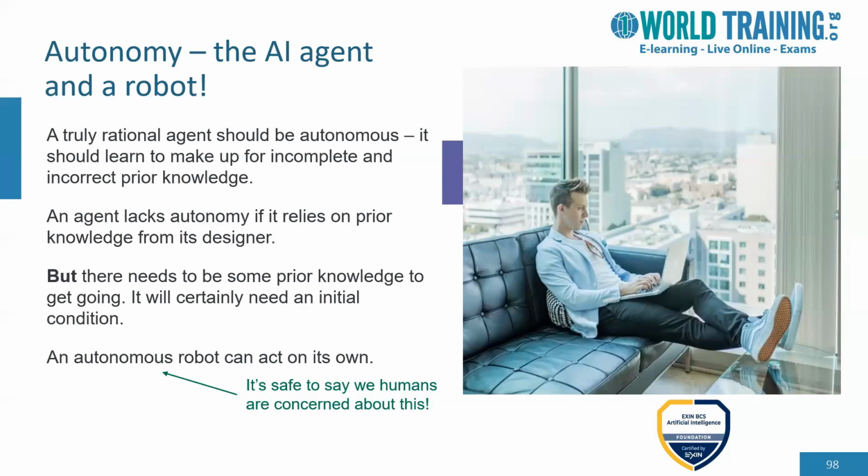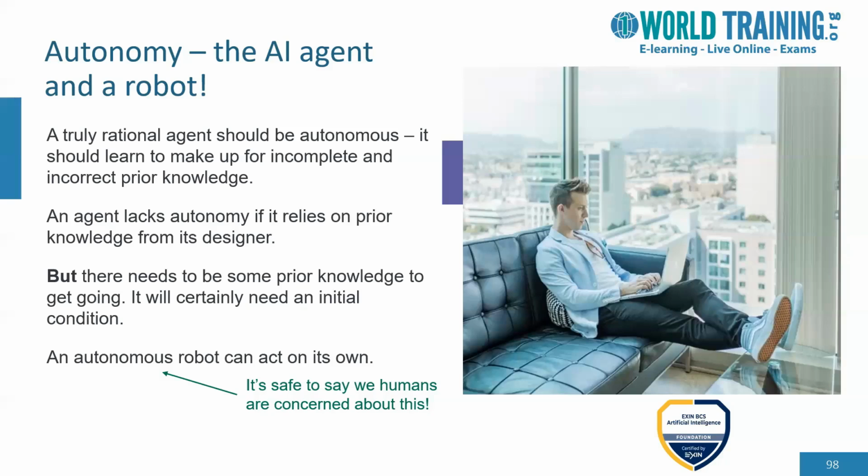So your agent which is not autonomous might not be able to carry out each task in a flawless manner. But certainly there needs to be some kind of prior knowledge to get going. Anything and everything cannot be fed into the agent, but there has to be a basic starting point. There has to be an initial condition which has to be put across so that the agent can start building on top of it.